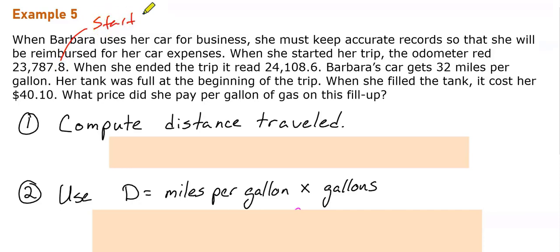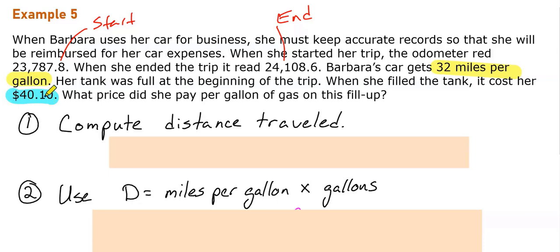When she ended her trip, it read 24,108.6. Barbara's car gets 32 miles per gallon. That's our rate. Her tank was full at the beginning of the trip. When she filled the tank, it cost her $40.10. What price did she pay per gallon of gas on this fill up?